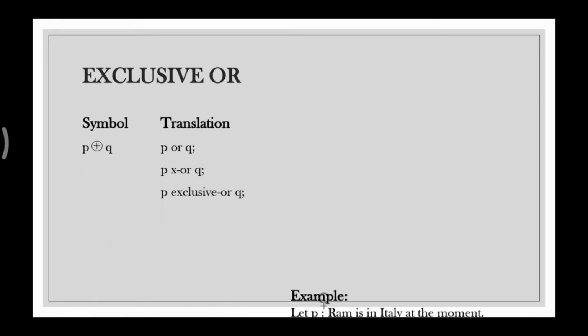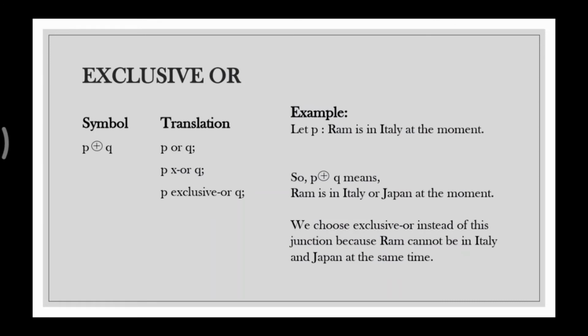Exclusive or. The symbol of this is read as P or Q, P X or Q, P exclusive or Q. Example: let P be the proposition Ram is in Italy at the moment.